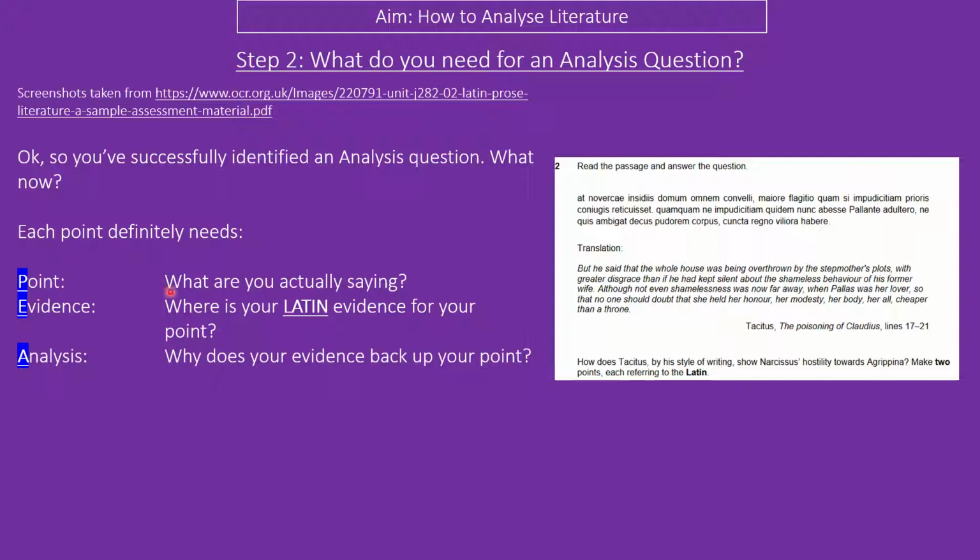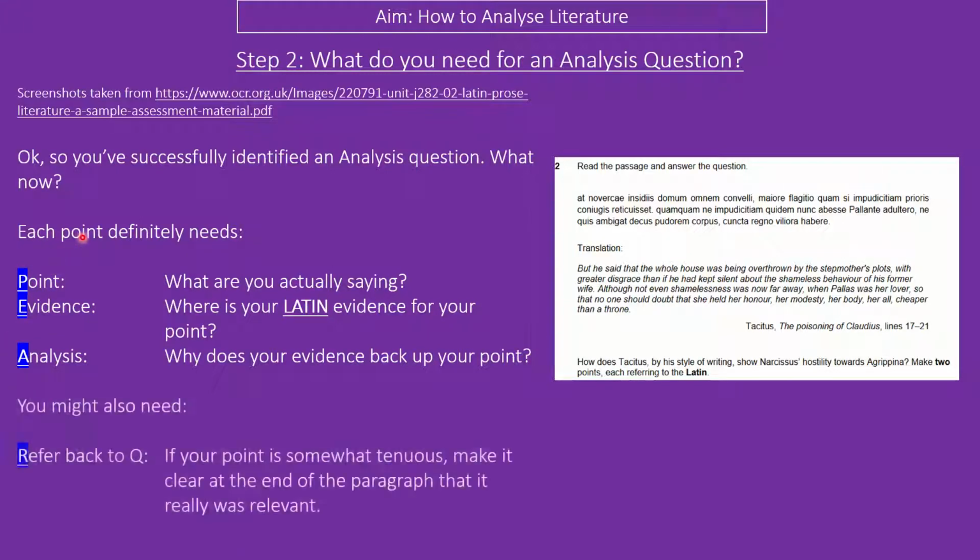Okay, so you've made a point, you've got your quote. Why does that make sense? Why does your evidence back up your point? This is where you're using your literary technique if you've got one. If you want to talk about repetition or tricolon, whatever, this is where you put your analysis. Why does this evidence make your point?